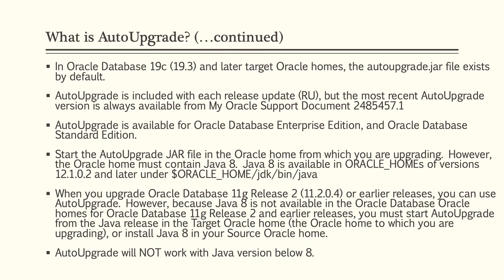That will make sure that whatever was the latest autoupgrade.jar file available by the time of the release update, once I apply the release update, it will automatically bring me the later versions of the auto upgrade utilities, the latest and the greatest with all the known bug fixes from its previous version.